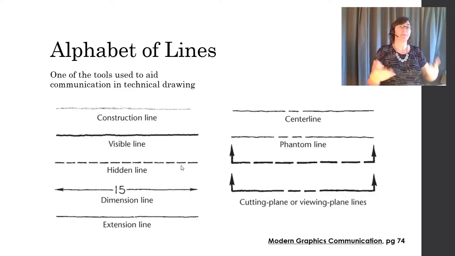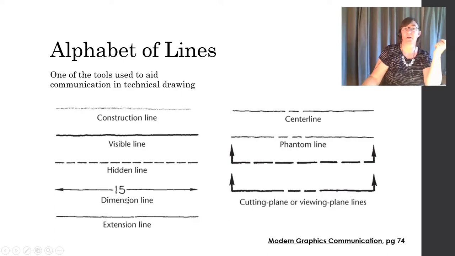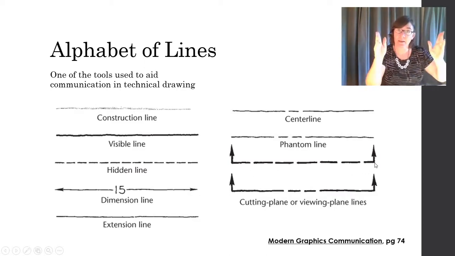As you continue your studies in technical drawing and move along in the program, you're going to be working with dimension lines, extension lines, center lines, which is a long and then short and then long dash, phantom line, which has two short and then a long, and some cutting plane lines, which are like this, and then indicate a view direction. That's what the little arrows are for.